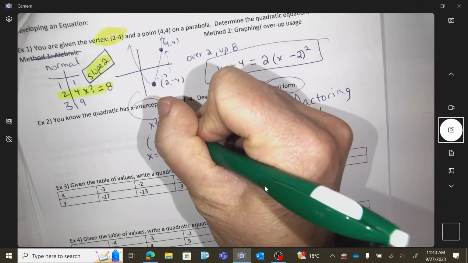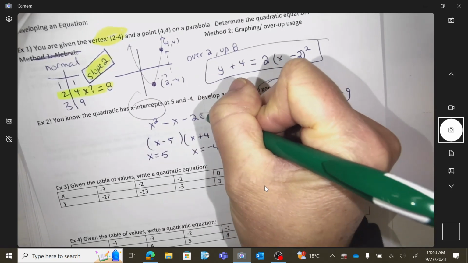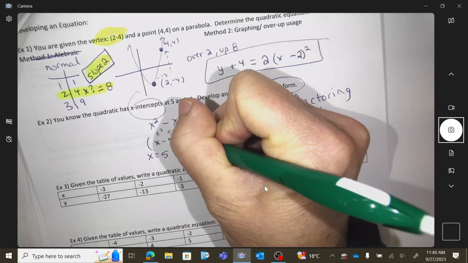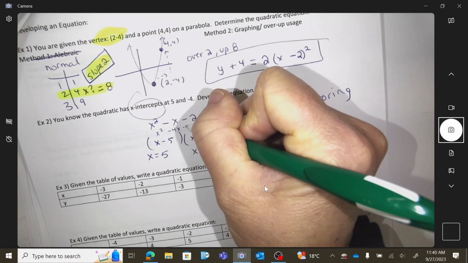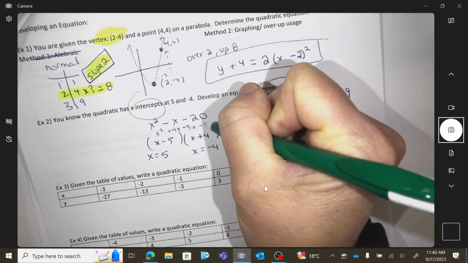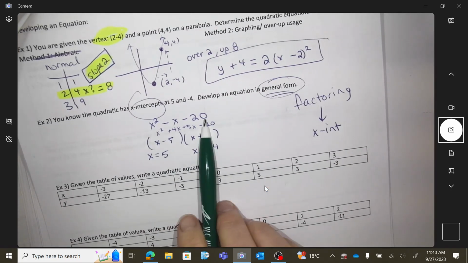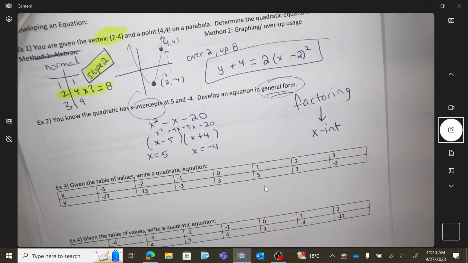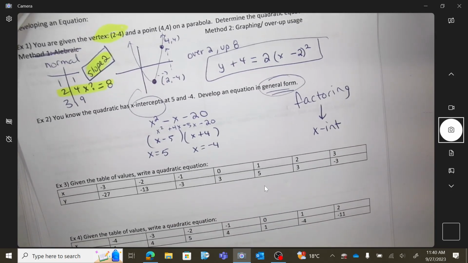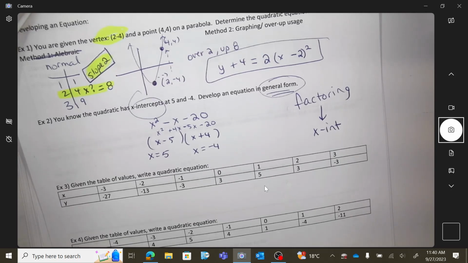So x squared, does that look like general form? So do you see how we worked completely backwards? Foiling and factoring are the opposite of each other.